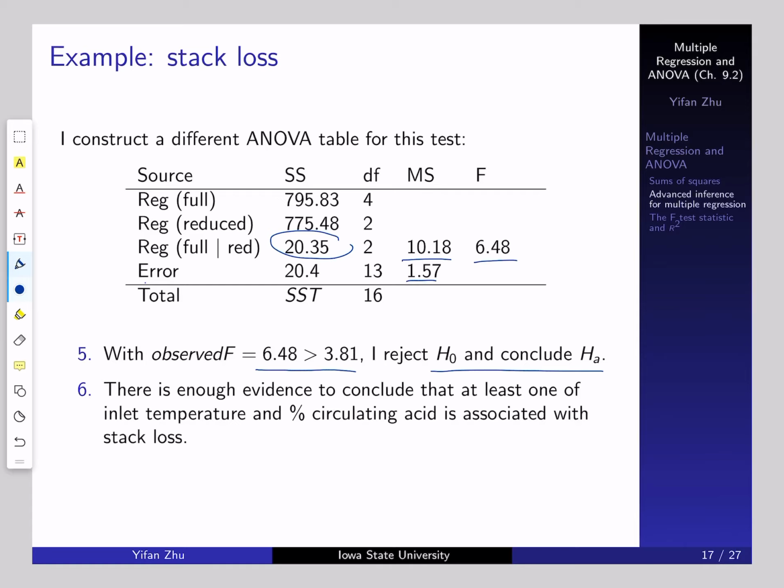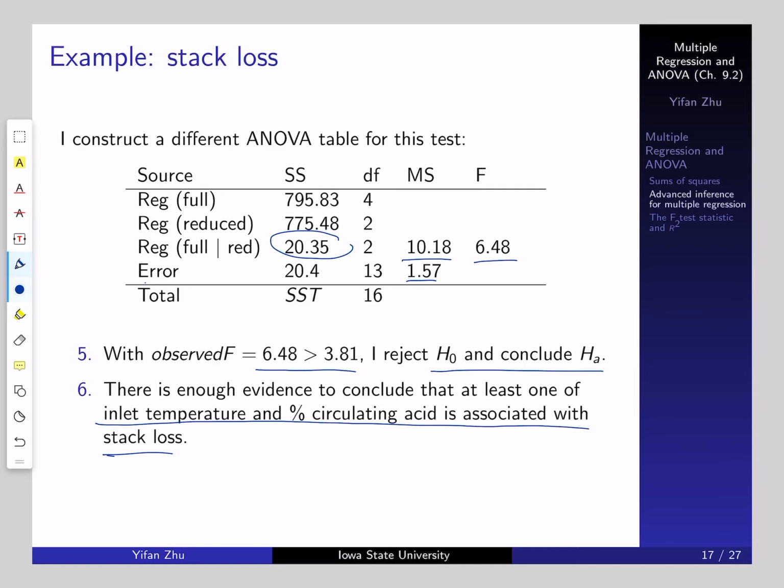So that means there is enough evidence to conclude that at least one of the inlet temperature and the percentage of circulating acid is associated with the stack loss. Because at least one of beta 2 and beta 3 is non-zero.